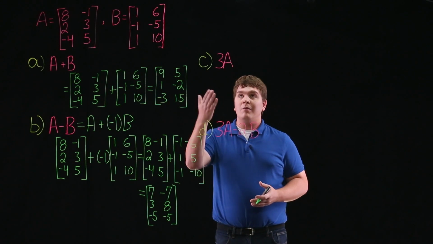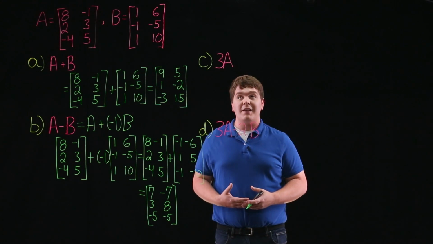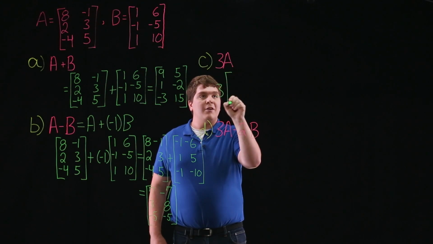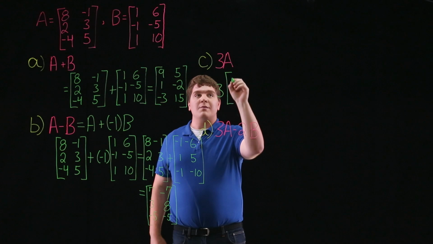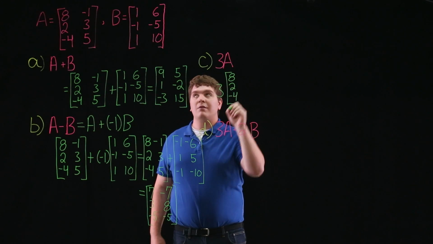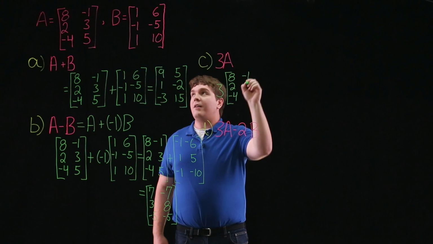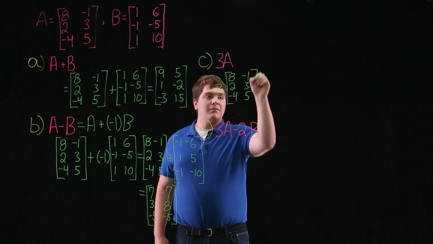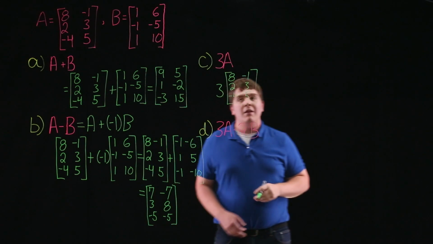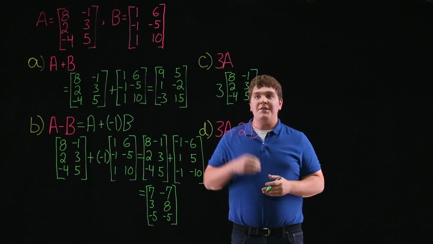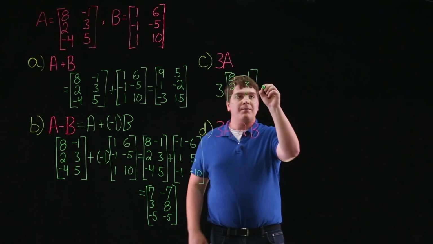For part C of this problem, we're asked to find 3 times the matrix A. So let's begin by writing down 3 and our matrix A, which was the matrix 8, 2, negative 4 down the first column, and negative 1, 3, 5 down the second column. Now to find 3 times our matrix A, we just multiply each entry in our matrix by 3.